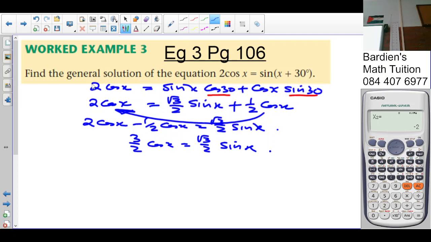Now what do we do? What is sine over cos? Sine over cos is tan. So that's going to give us tan.